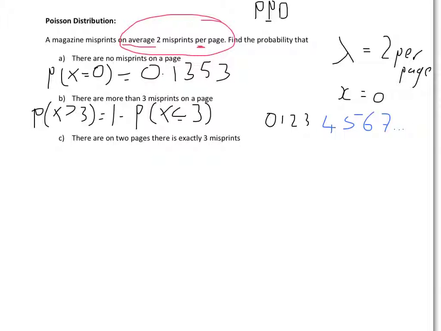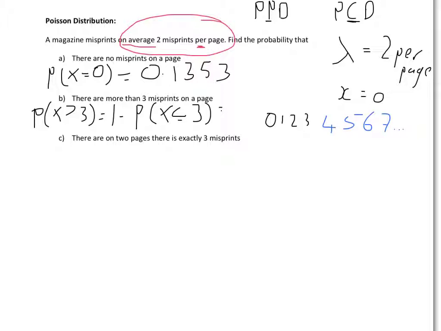So we're going to now use PCD because we want the cumulative up to and including 3. If you're using the formula, you'll have to find the probability of 0, 1, 2, 3 and add them all together. But this is a shortcut using CD. And we'll do 1 minus that.